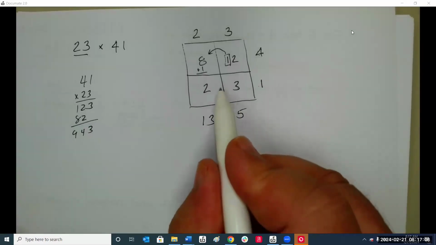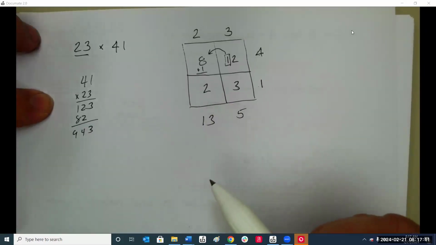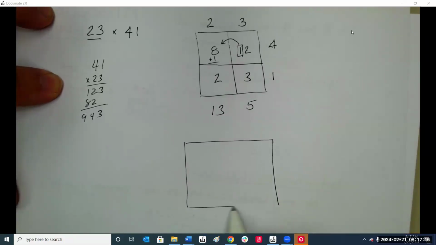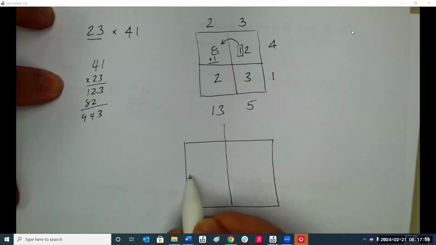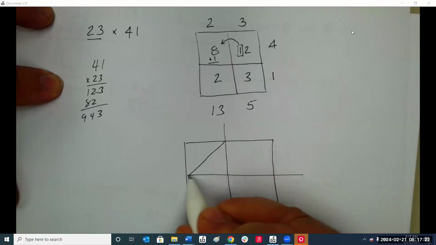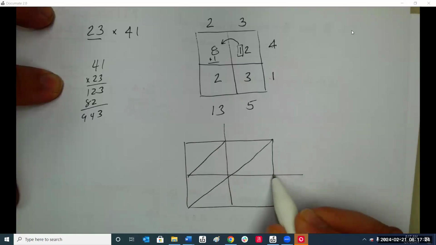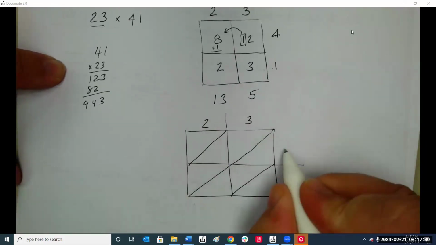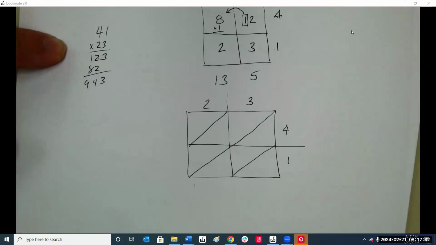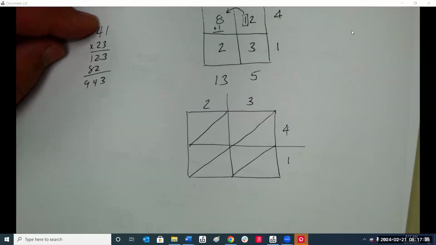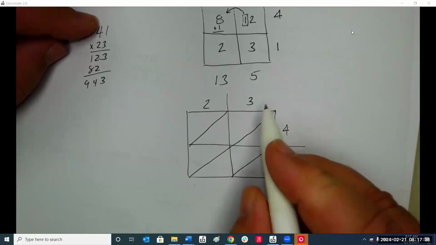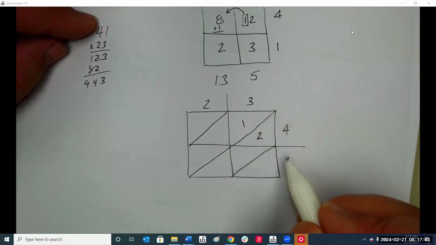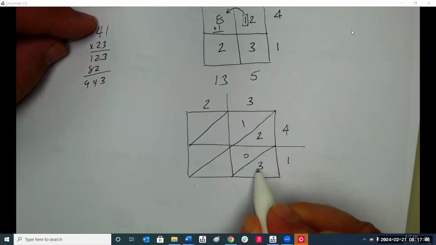So how can we use this box to help this? Remember the lattice method. What was the lattice method? We have 2 and 3, 4 and 1. So 3 times 4 is 12. 3 times 1 is 3.